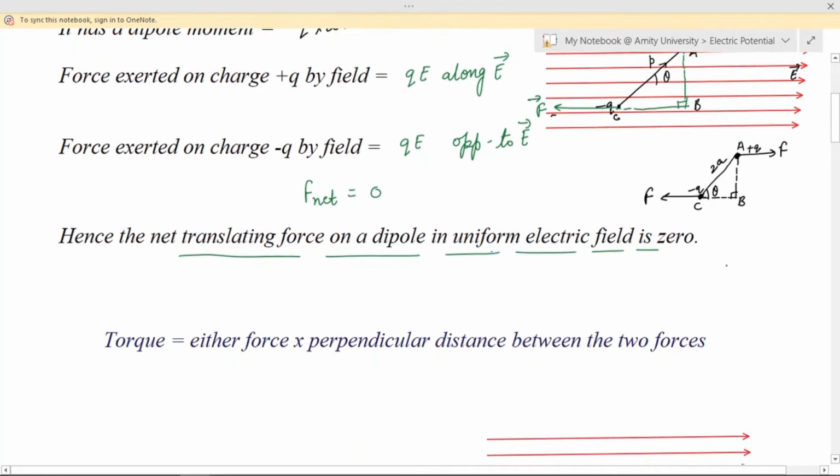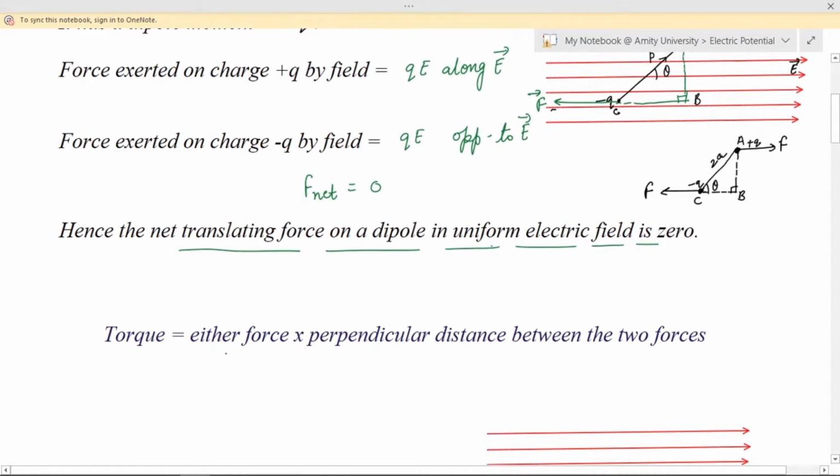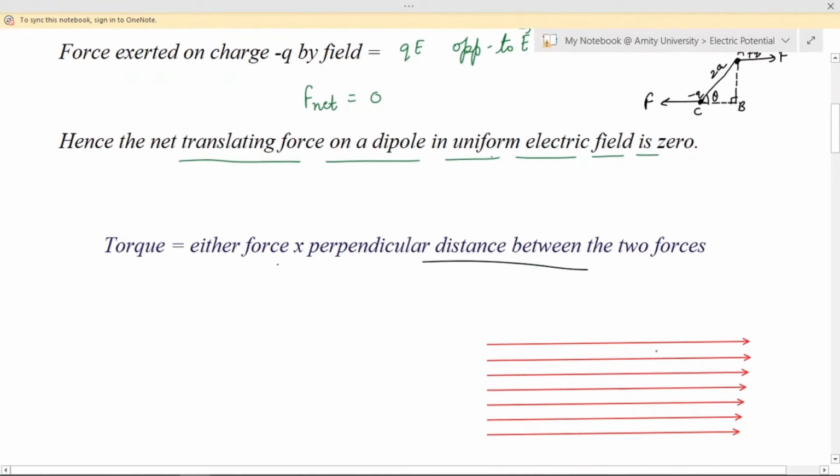So how do we determine the torque? Torque is equal to either force into the perpendicular distance between the two forces. In this situation, if we again consider the triangle like this, this is minus Q, force acting in this direction, and this is plus Q, force acting in this direction.